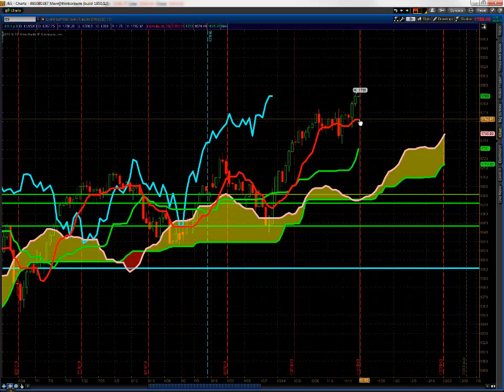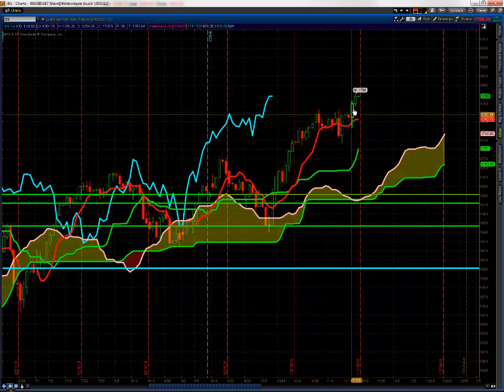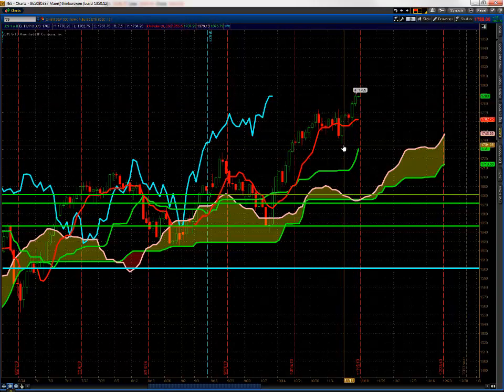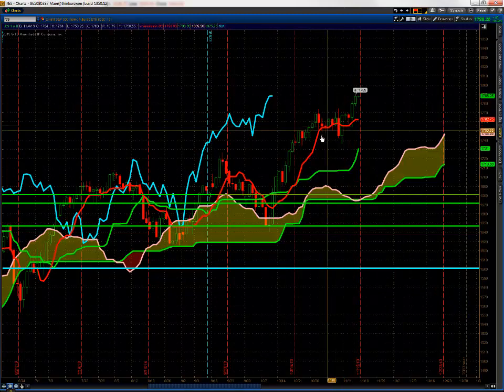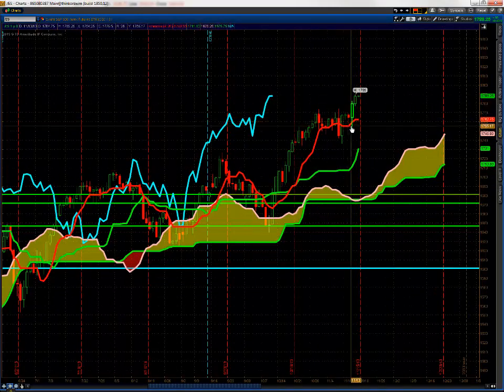And this isn't calculations I need to figure out, this is just calculated for me in here. So it's going to take this one, which is the high, and the low over the last 9 periods would be here. So this number plus this number divided by 2 is right here. So the red line gives me a short-term moving average.